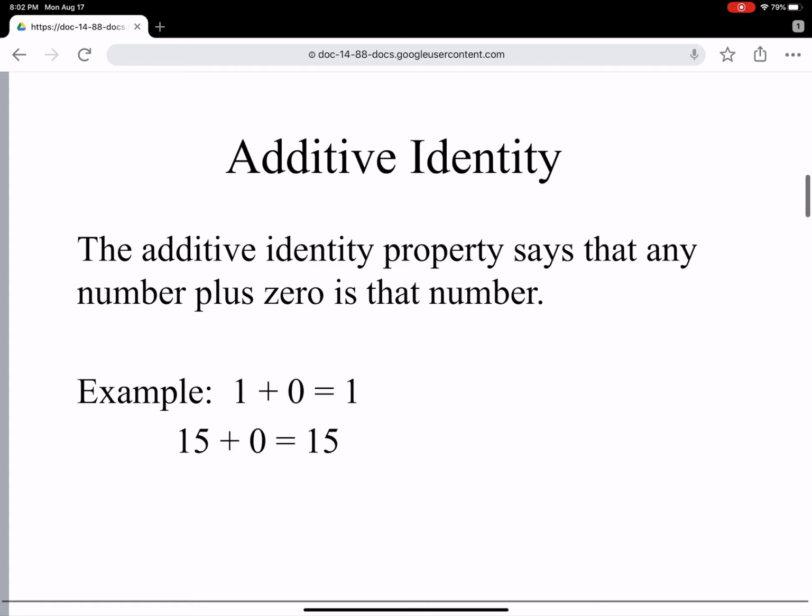Basically what it says is if I take 1 and I add 0, 1 keeps its identity and just stays 1. 15 plus 0 is 15. I know you know how to do this. I'm not questioning that. What I want you to understand is that this idea that a number plus 0 is the number is called the additive identity, okay?